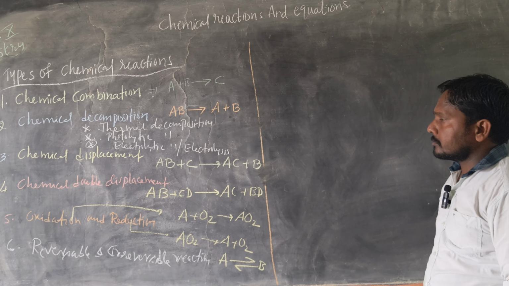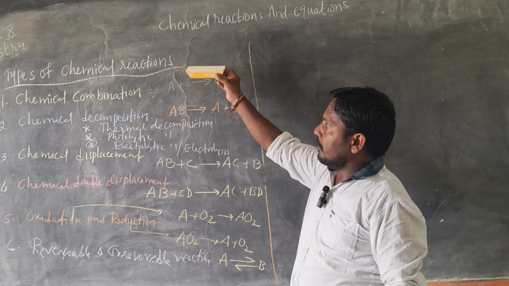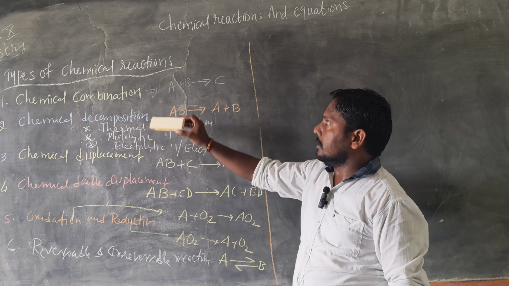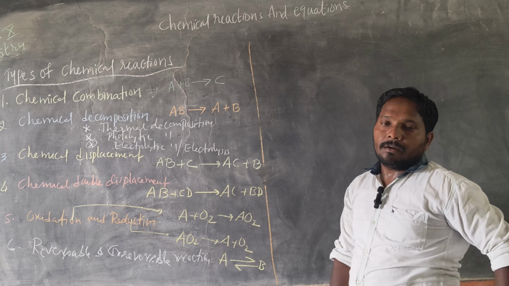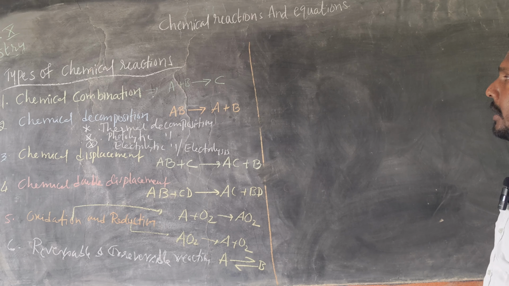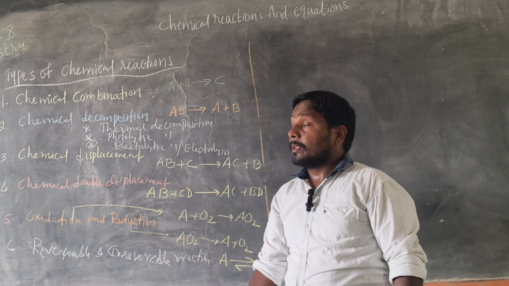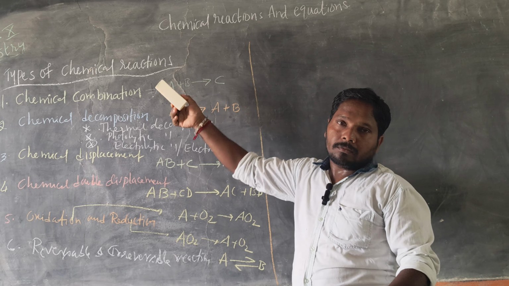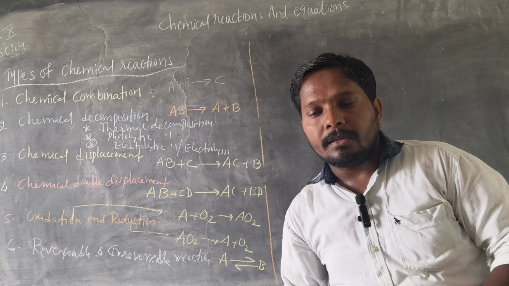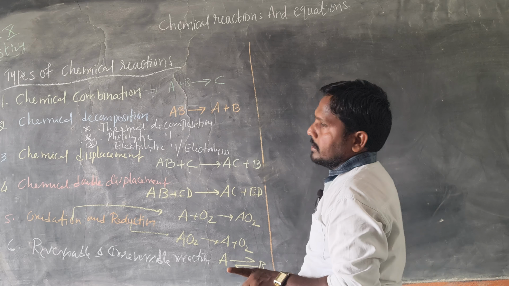Yesterday, in the previous video, we discussed types of chemical reactions. In that, chemical combination, the combination reaction, is completed. In chemical combination, two or more substances are combined together and form only one new substance.